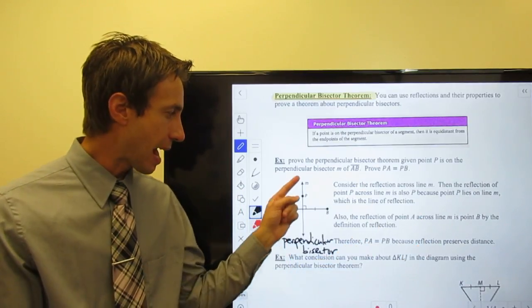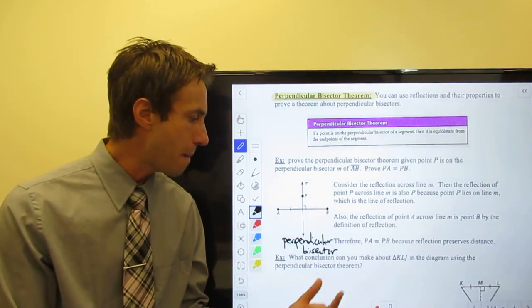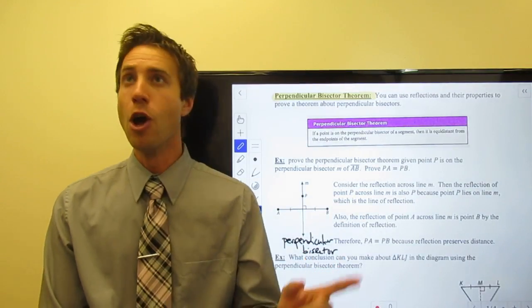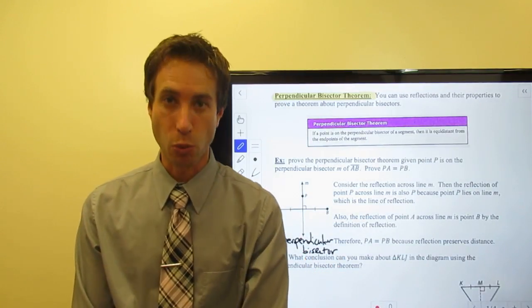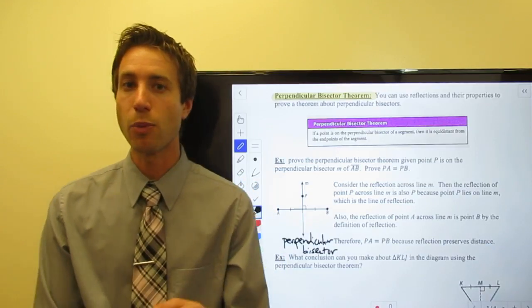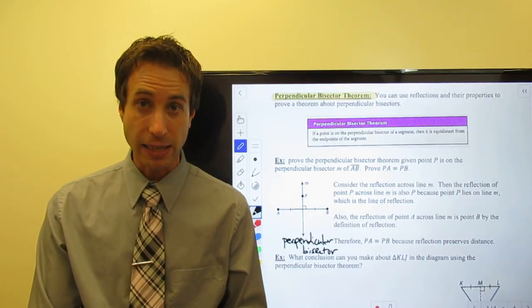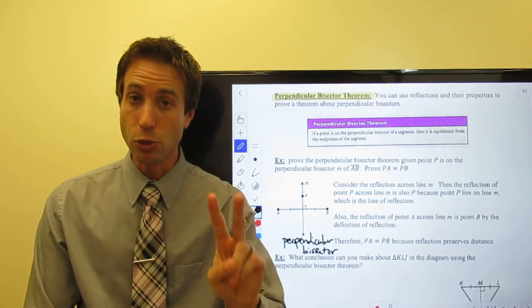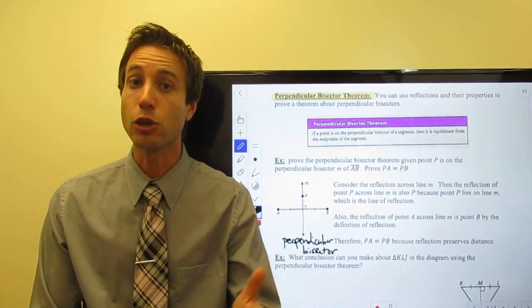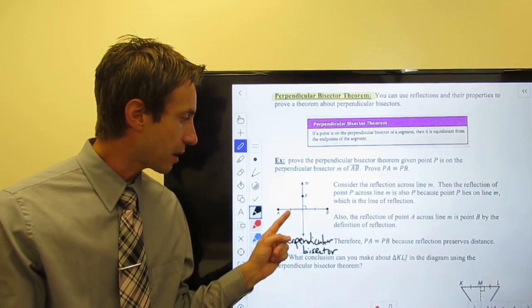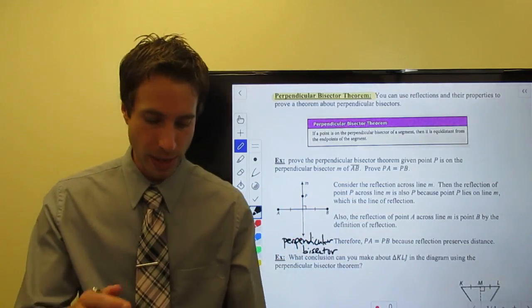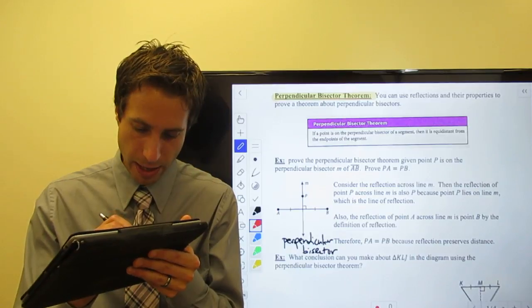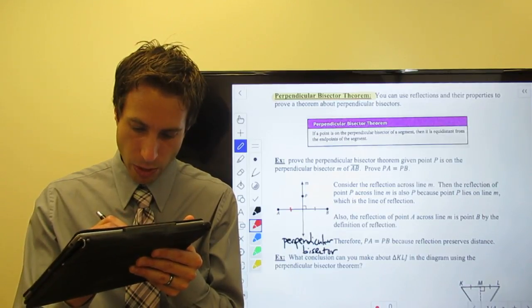Now, we know that M is perpendicular, but what makes it a bisector? Well, if you go all the way back to chapter 1, we talked about bisectors, and what we said is that a bisector will split a segment into two equal or congruent parts, which is exactly what those little hash marks tell me. I've got those little hash marks in red, one right there and one right there.